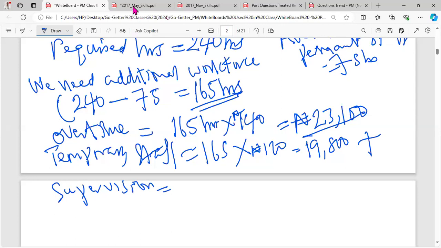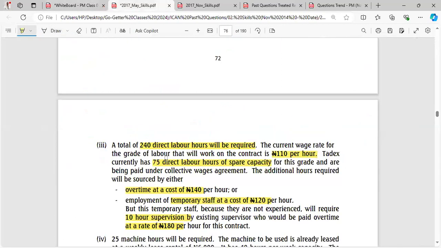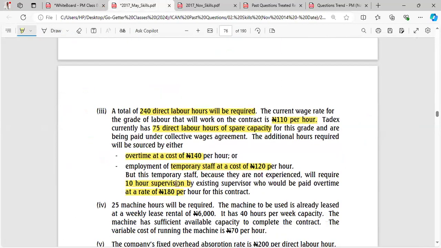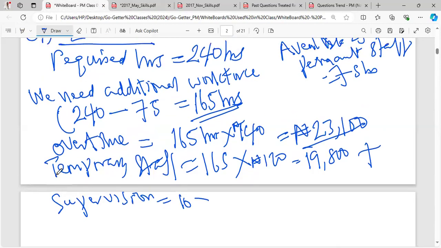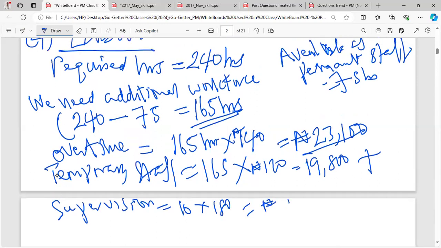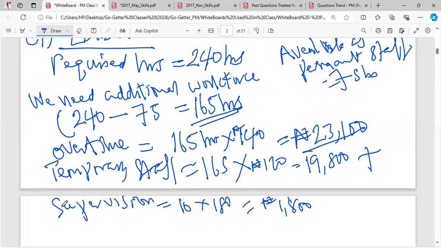We are told that because these people are not skilled, they will need 10 hours supervision at the rate of 180 per hour. So I will simply say 10 times 180, that will give me 1,800.